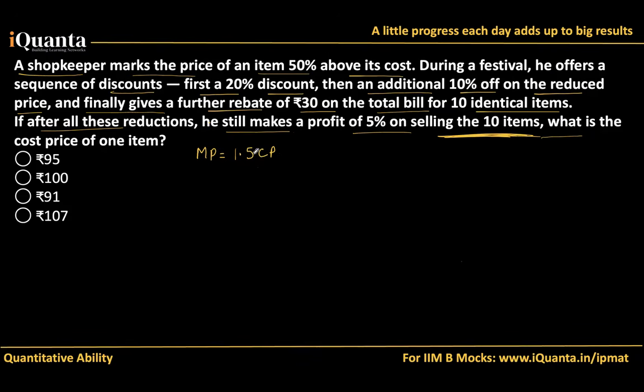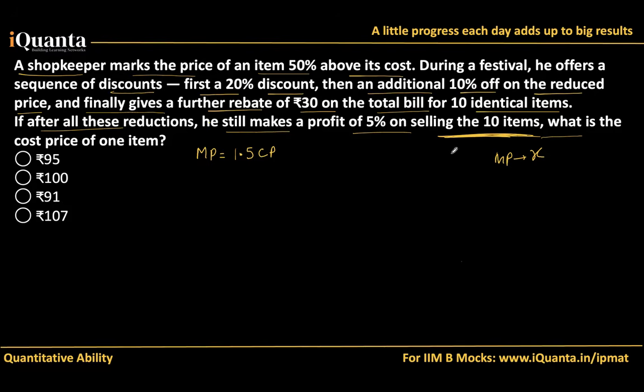Okay. You increase CP by some percentage, then it is mark price. And it is clearly written in the question, marked above the cost price. Okay. Now he's offering a sequence of discounts. You know that suppose you have some price X, which is basically MP. Discounts are given on MP.